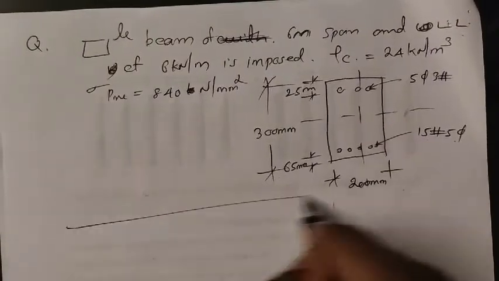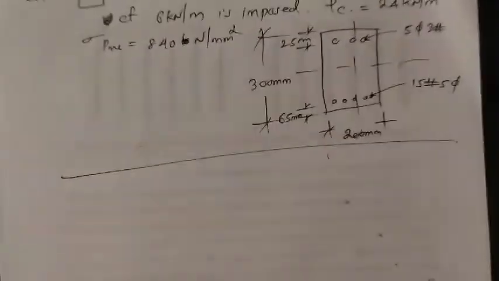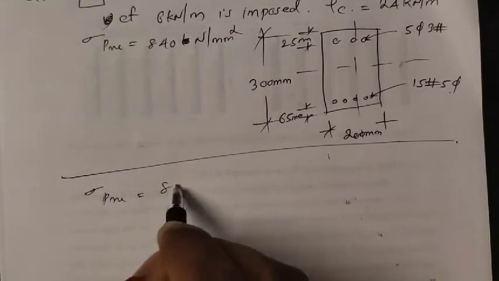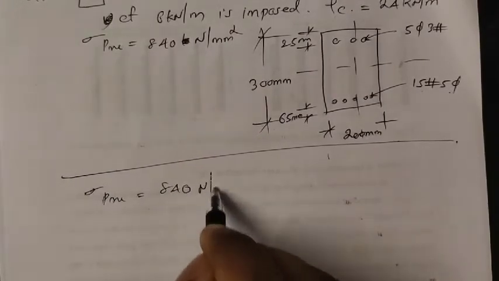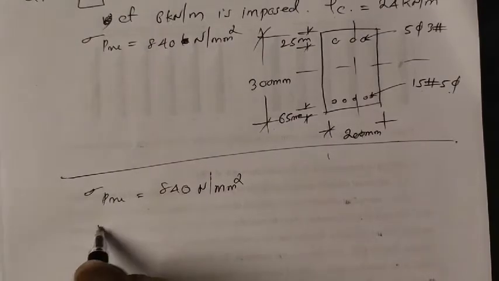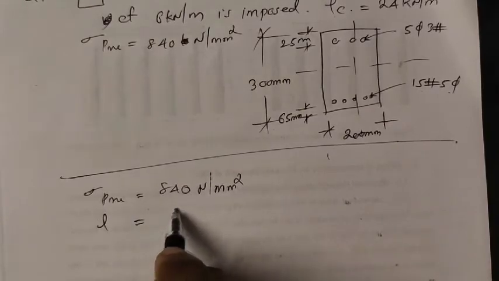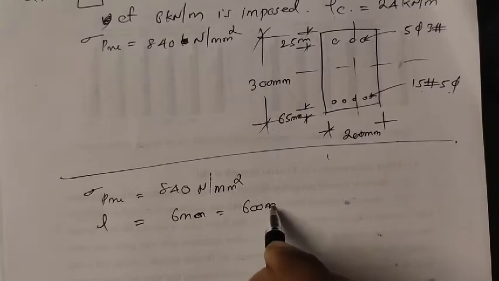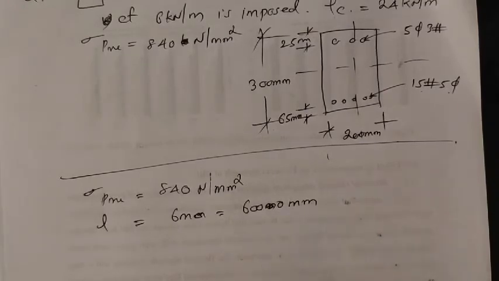The details are given as the pre-stressing stress of 840 Newton per mm square, and the length of the beam as 6 meter, that is equal to 6000 mm.